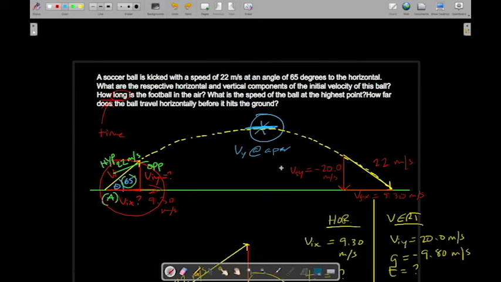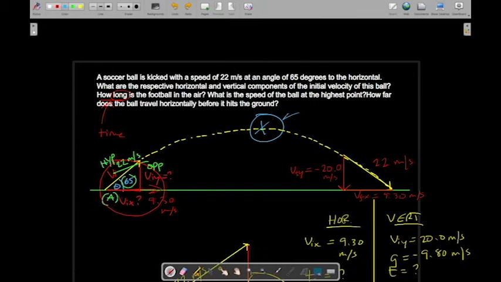However, although it's not moving vertically, it is still moving horizontally. Remember how I said that the horizontal velocity remains consistent all the way throughout? Even at the highest point, it remains the same amount. Because the projectile is moving consistently at a horizontal velocity, and at the highest point it's only moving horizontally, not vertically, then the overall speed at the highest point is literally just the horizontal velocity.